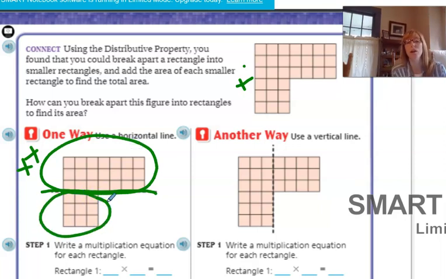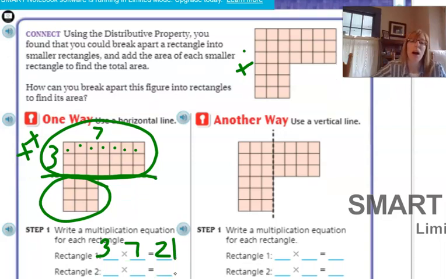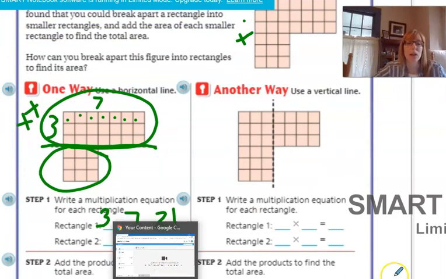So you now have two smaller rectangles that you can find the area of that have the same grouping in each one, which means you can use multiplication. So this first one, it is 3 times 1, 2, 3, 4, 5, 6, 7. So rectangle 1 would be 3 times 7, which is 21. Hopefully you can see that. And then you have the smaller rectangle at the bottom.